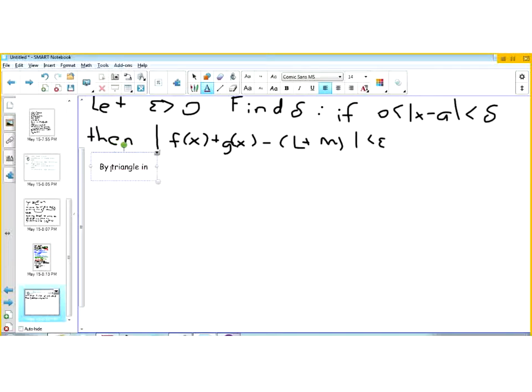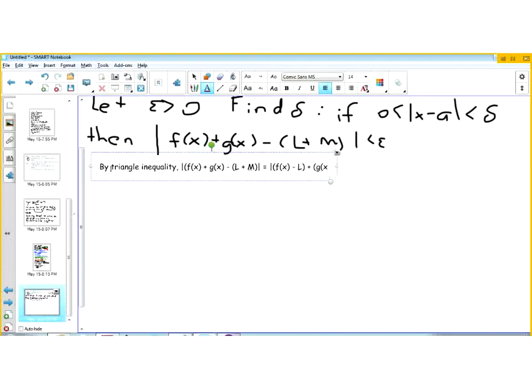Okay, so we have this notion of triangle inequality. By triangle inequality, we have the distance |f(x) + g(x) - (L + M)|.